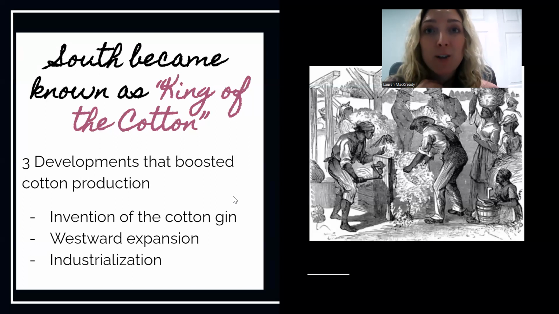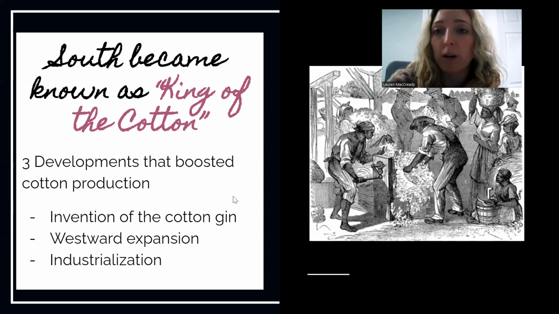And what do you need for textiles but cotton? The Northern textile mills are largely dependent on slave labor in the South to pick that cotton, which is then transported up to them. So all of these things combined are really perpetuating the demand for slavery.